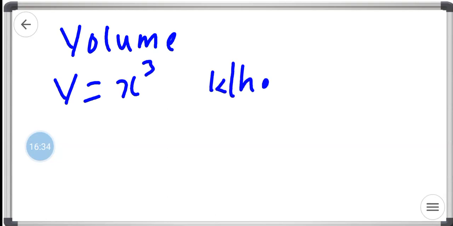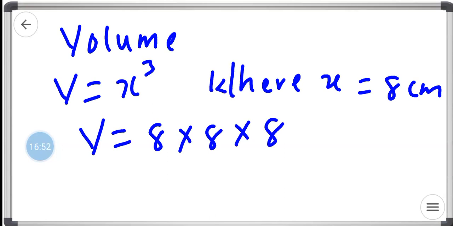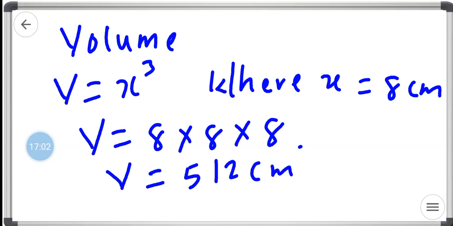From the question, x equals 8 centimeters, so I'll write V equals 8 multiplied by 8 multiplied by 8, and my volume equals 512 centimeter cube.